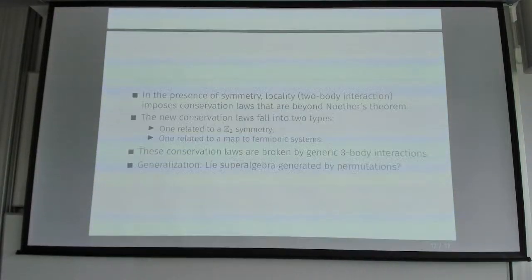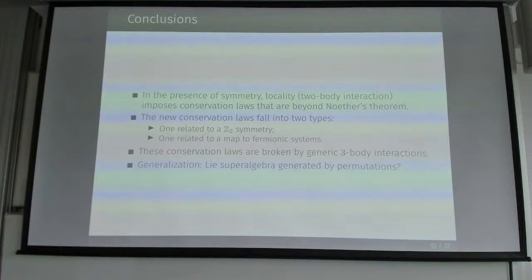So I think that's pretty much what I wanted to say. In the presence of symmetry, we found locality imposes additional conservation laws. One is related to Z2 symmetry, one is related to a fermionic system. And these conservation laws are actually broken by generic three-body interactions.